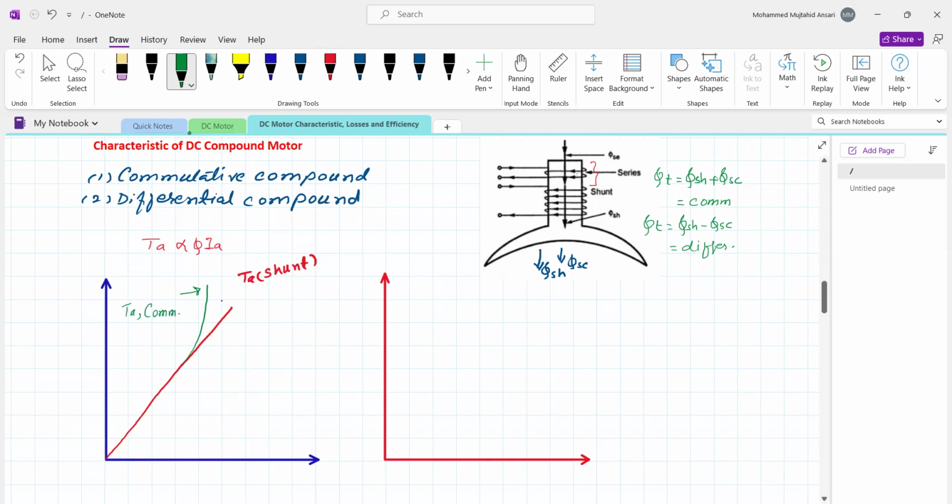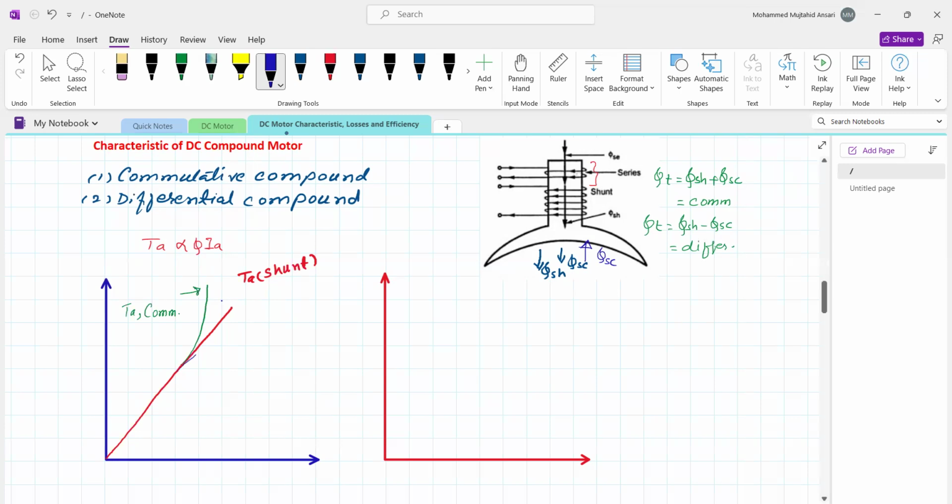Okay. Now opposite to this one, if it is a differential motor, where the total flux is the difference of these two values, as the load increases, the share of series field flux also increases, but it is in the opposite direction, phi se, and hence the total flux decreases, therefore the torque also decreases.